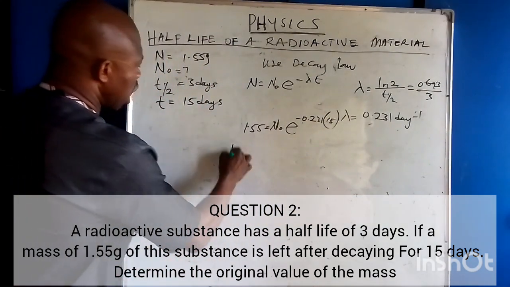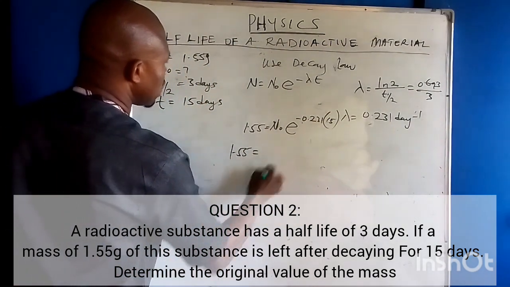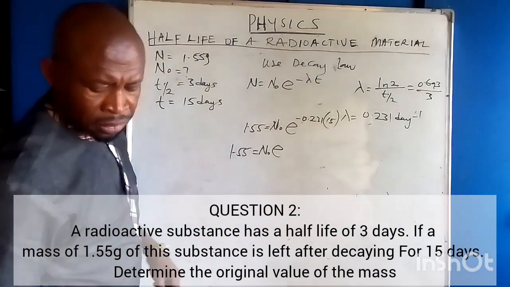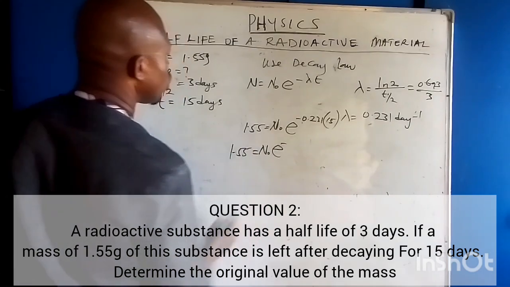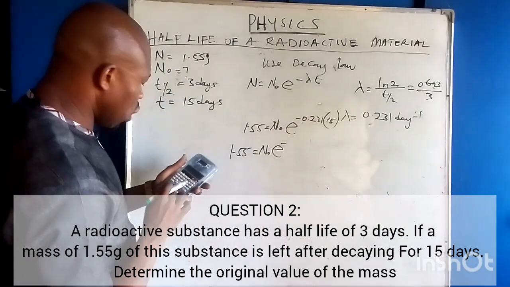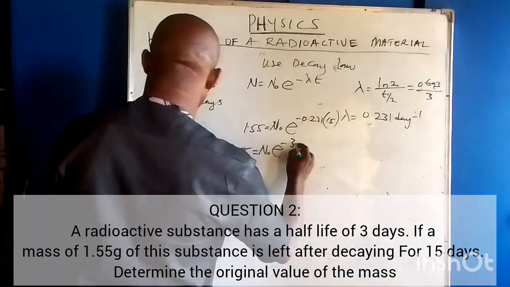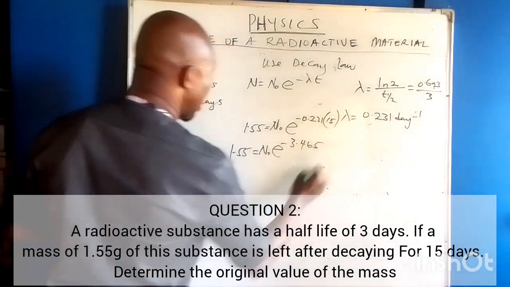If we do that, we have 1.55 is equal to N naught exponent minus 0.231 multiplied by 15, which gives us 3.465.